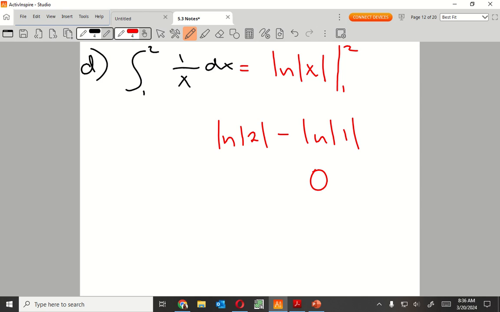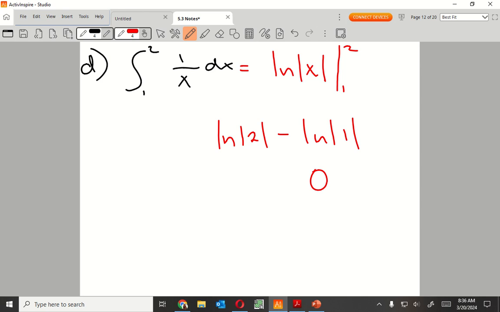Okay, so if you ever want to look at a graph to see what certain things are, ln 1 is going to be 0. And then between 0 and 1 is a whole bunch of negative numbers, but it cannot go to 0. ln of 0 is undefined.